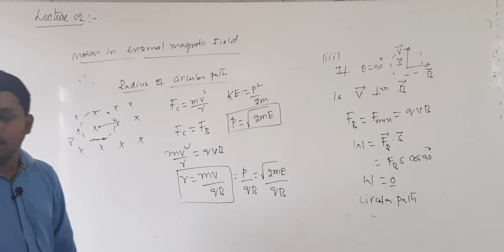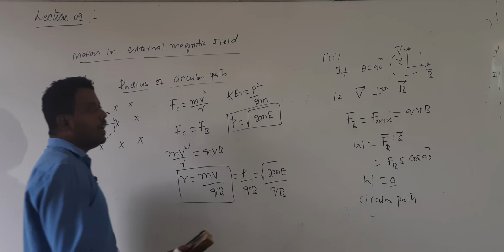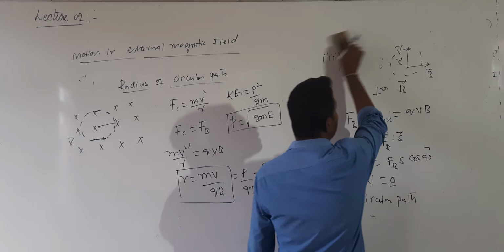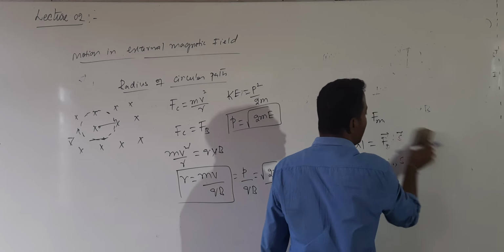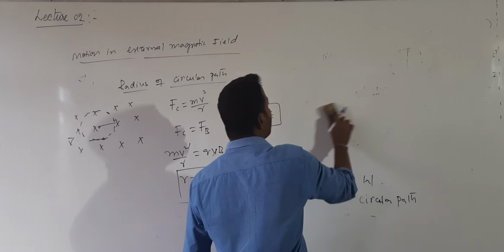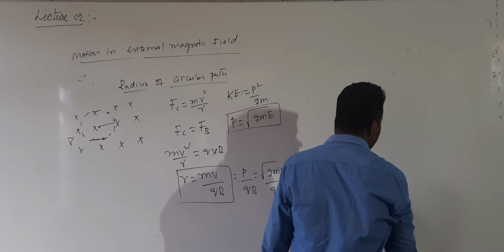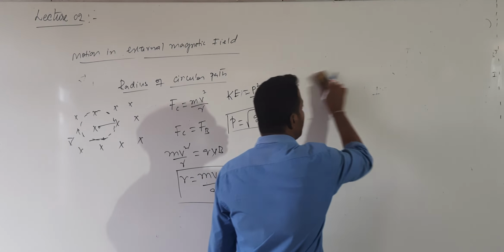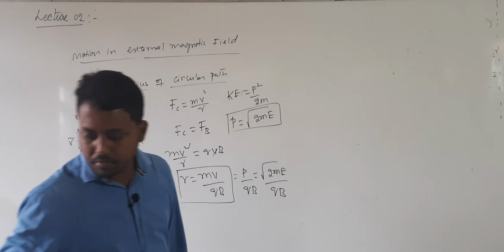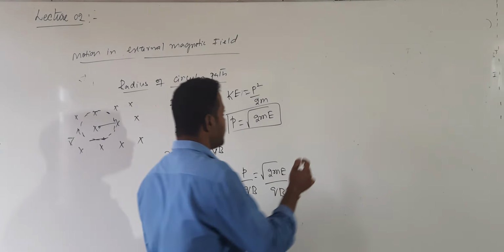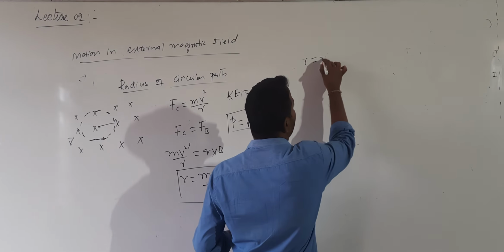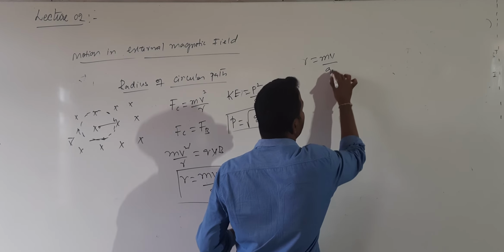But remember, the particle will describe a circular path whenever it enters perpendicularly to the uniform magnetic field. After that, what is the R formula? R is equal to m into v by qB.